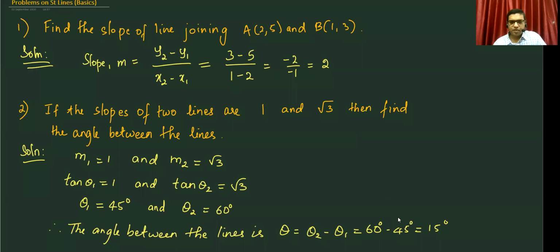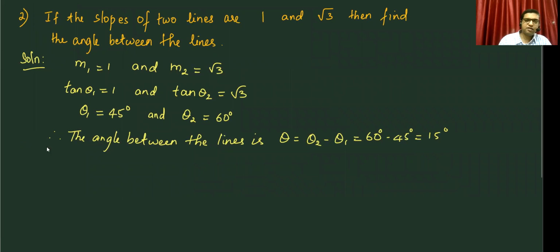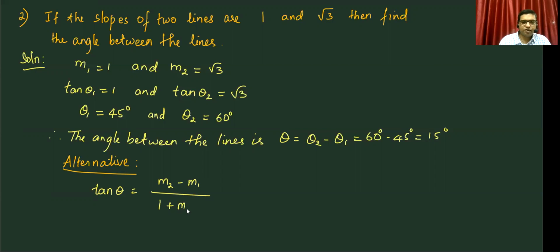Got it? There is an alternative way to do it, of course, that needs some knowledge of submultiple angles. Tan theta is m2 minus m1 by 1 plus m1 m2.